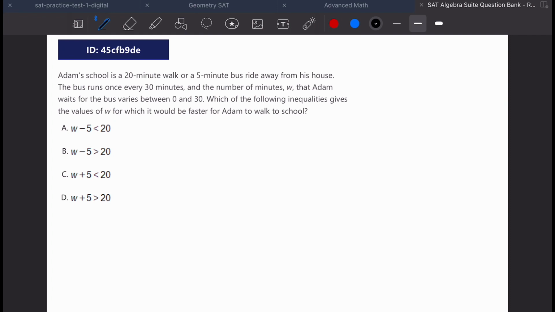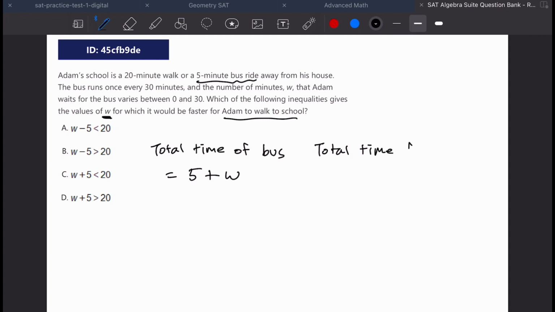So we're trying to find the wait time, which is the W, so that walking to school is faster than riding the bus. So the total time of taking the bus is equal to the 5-minute bus ride here plus the wait time W. And the total time for walking is just 20.